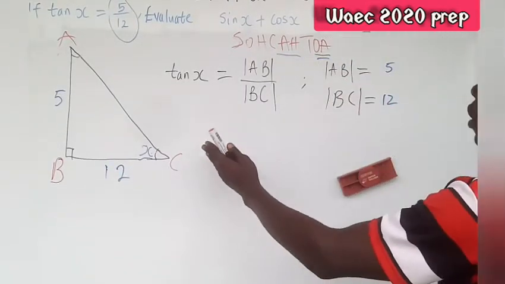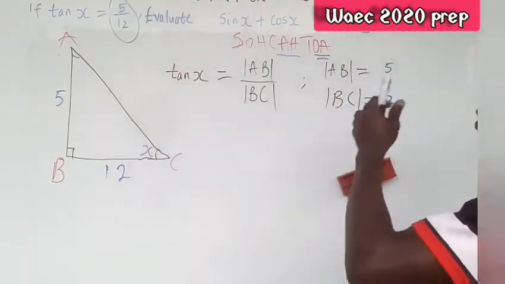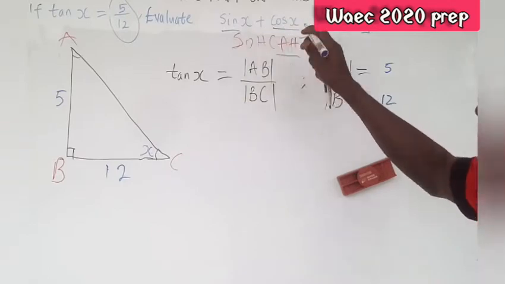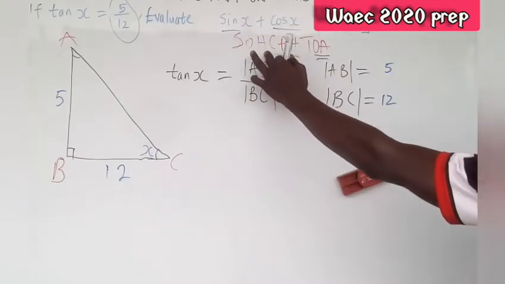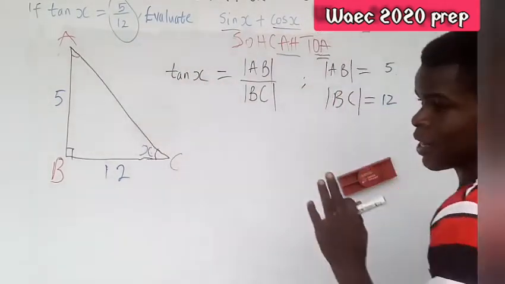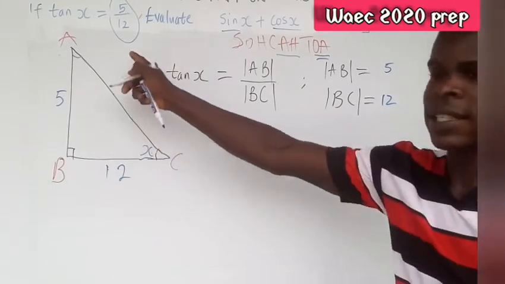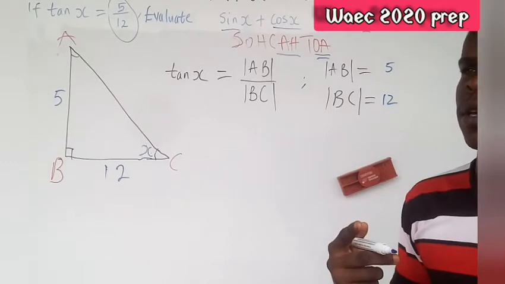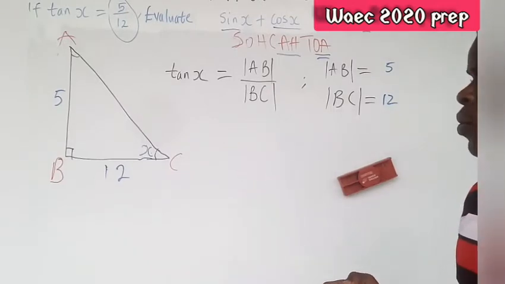Now, what is our line AC? From the question, we need to find sine theta and cosine theta, and sine always makes use of the hypotenuse side, which is the longest side, line AC. So we need to find line AC, making use of the Pythagoras rule.